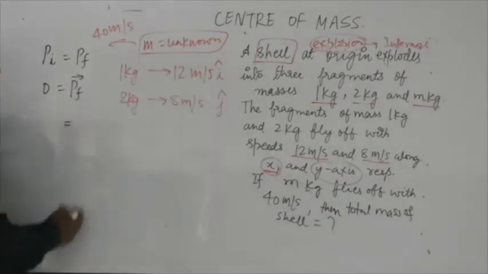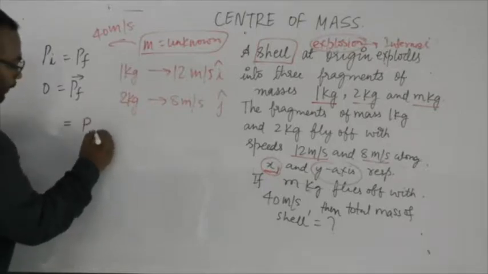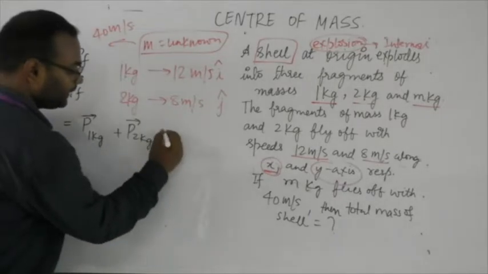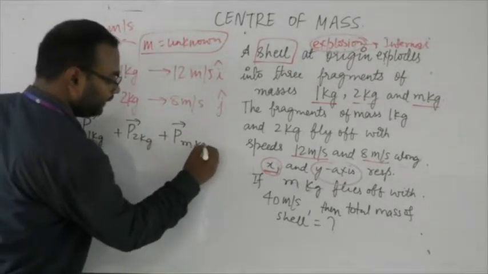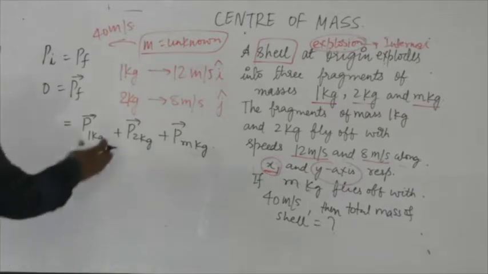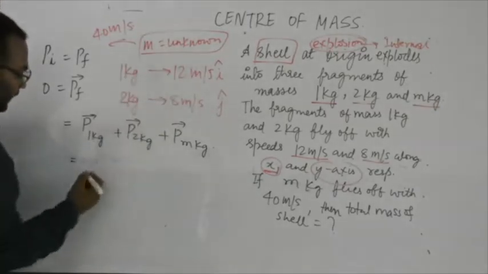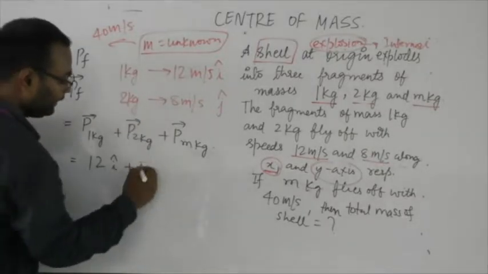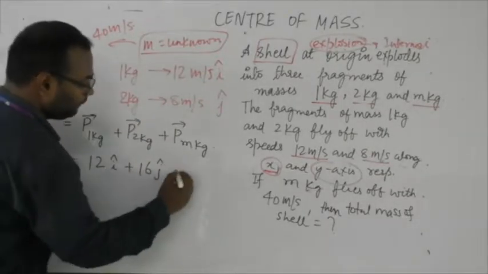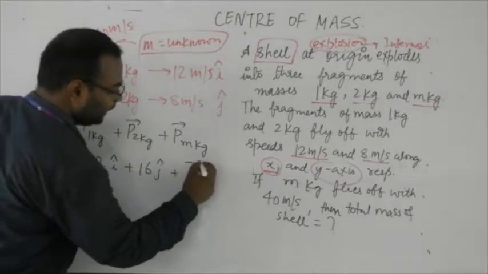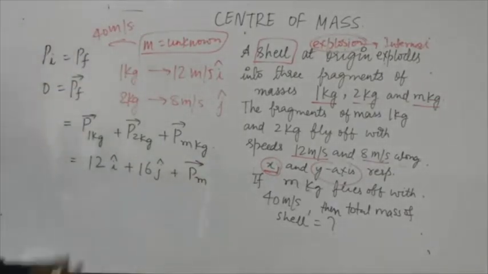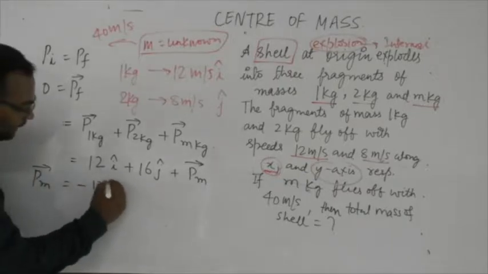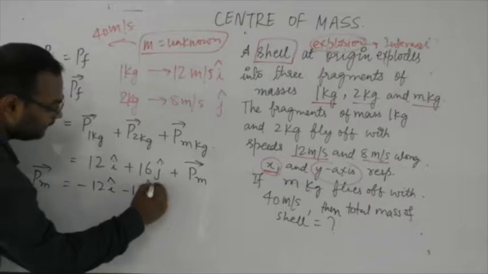So P final you will write as P of 1 kg plus P of 2 kg plus P of m kg. P of 1 kg will be 1 into 12, that is 12 i cap, plus 2 into 8, 16 j cap, plus P of m kg. Now P of m kg you can write as minus 12 i minus 16 j.